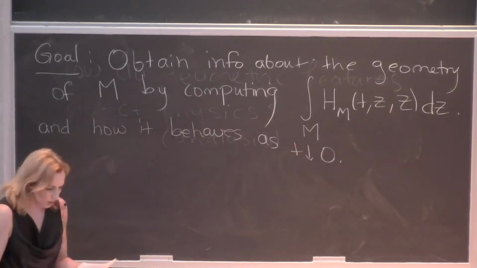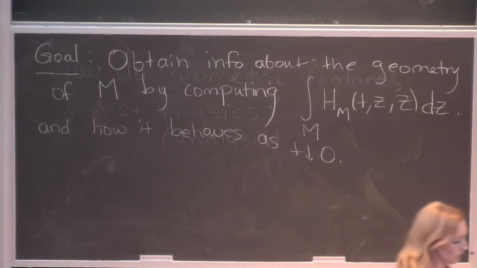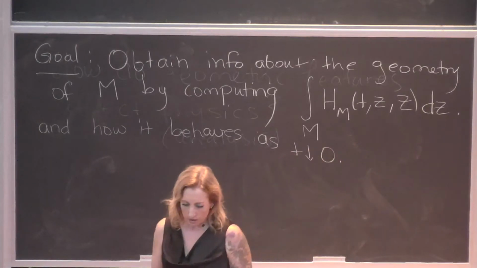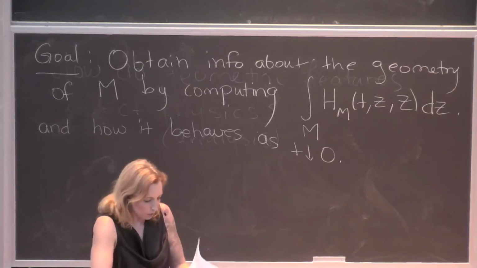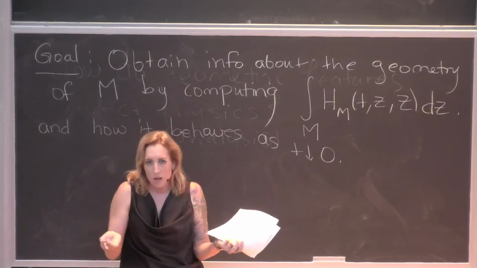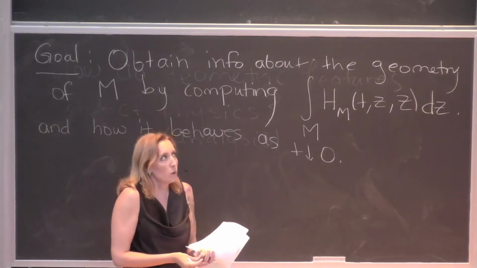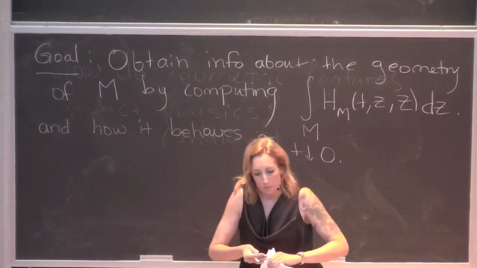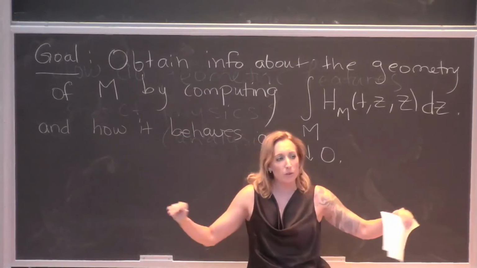Let me give just a little bit of physical intuition for why this is reasonable. If you think about heat, the geometry where heat is should affect how the heat flows, and so we should somehow see geometry, especially over a long period of time.